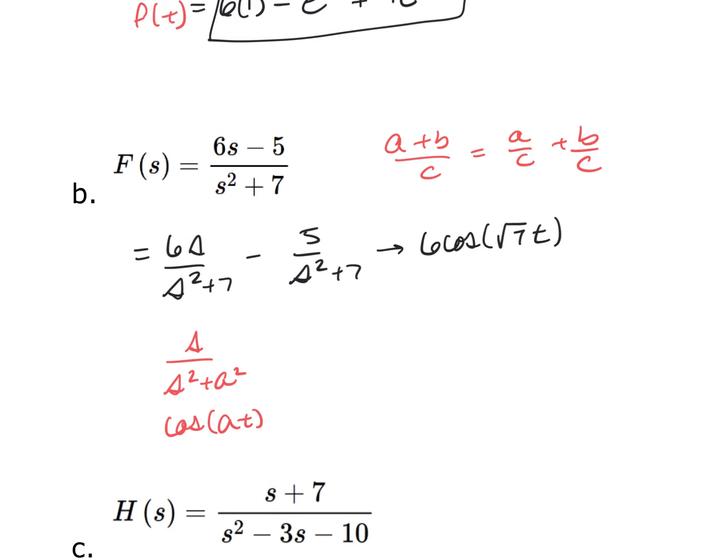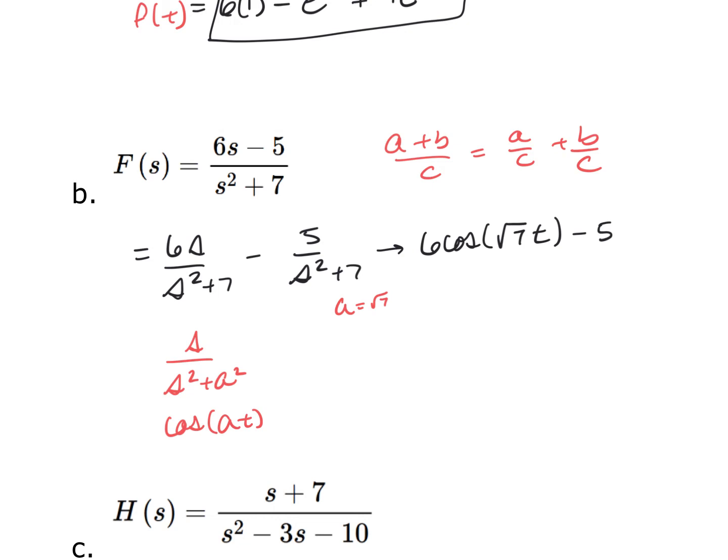Now, I don't have a 5 here on any of them. I have an a, and my a, as you can see, is actually the square root of 7. A equals the square root of 7. All right, so I need the square root of 7 here, not 5. So I'm going to pull that 5 out, so it'll be minus 5. Now the thing is I need the square root of 7 in the numerator.